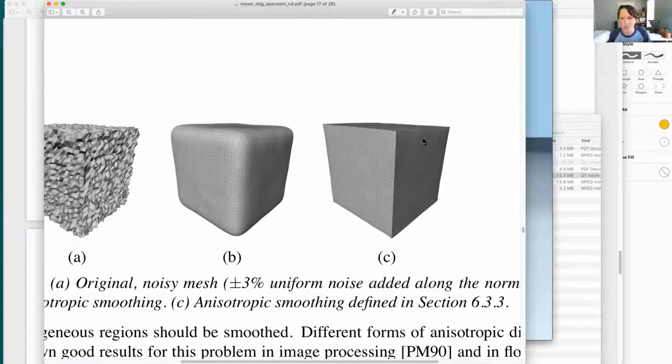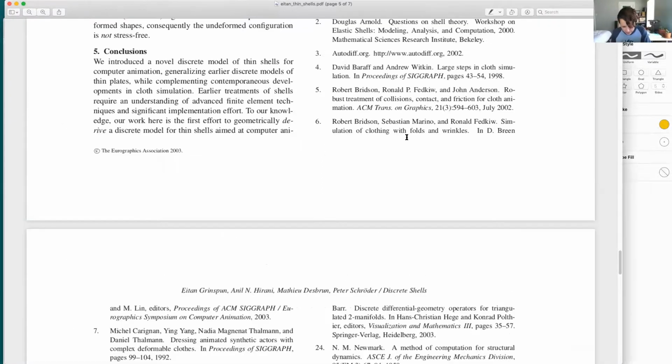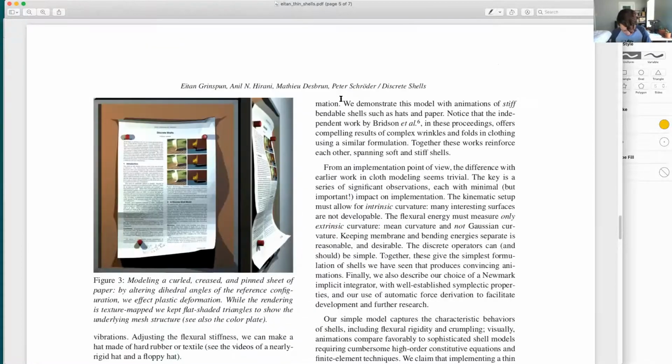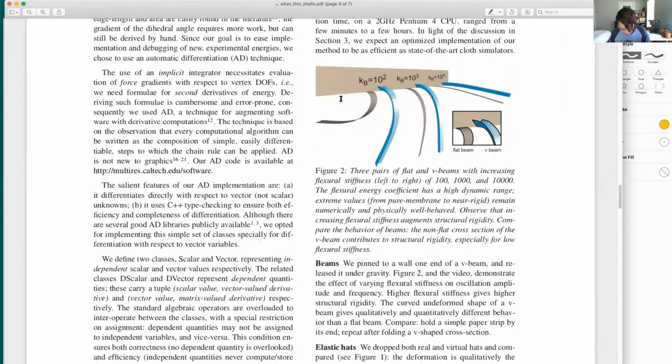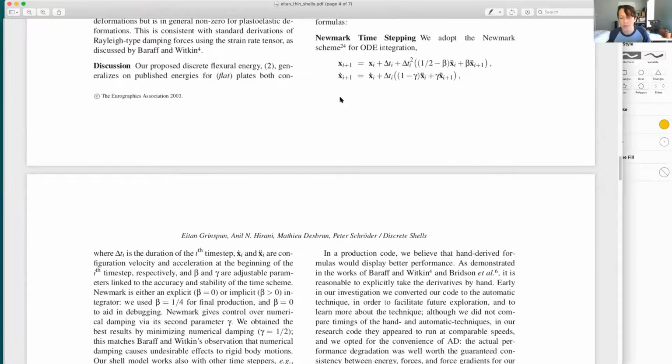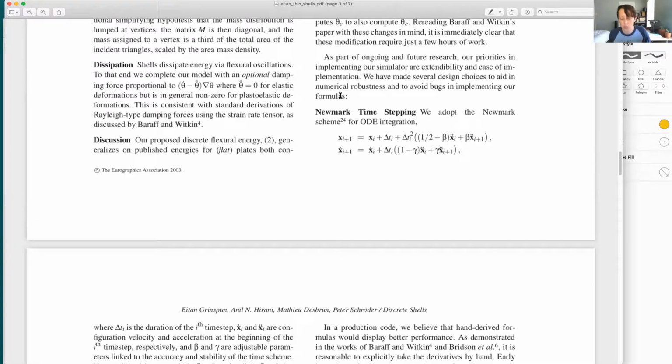Yeah, I think that's all I wanted to say about this. But maybe the exciting message of this is that for something like this thin shell model that I was showing you, you have everything in your toolbox that you need to be able to simulate a surface like this.